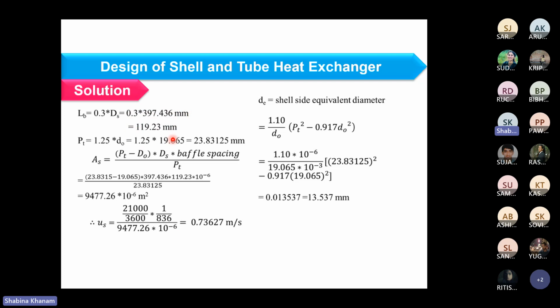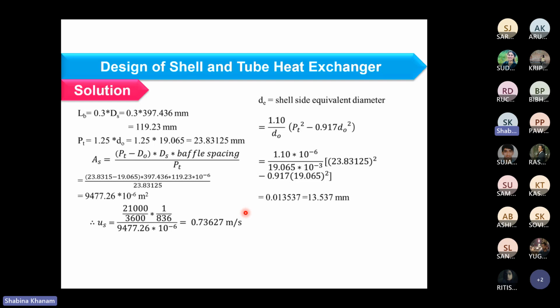So this much baffle spacing you have obtained. We need to calculate the cross flow area, not the cross sectional area, the cross flow area, which we discussed in the last class. And here we are designing the shell and tube heat exchanger using Kern's method, which we discussed in the last class.